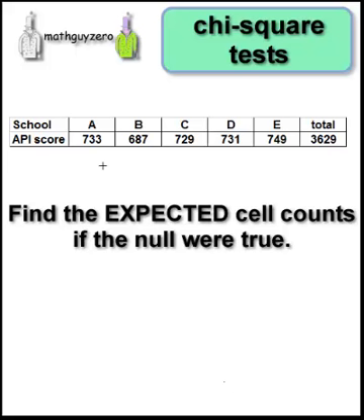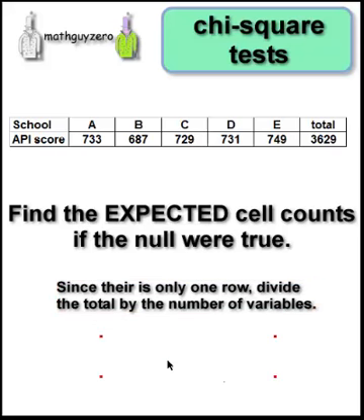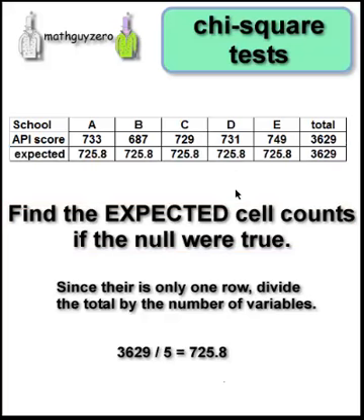Since we only have one row here and 5 different schools, we're simply going to divide the total number, 3629, by the total, 5, and that will give us an average of 725.8. That would be our expected count if the null hypothesis were true.